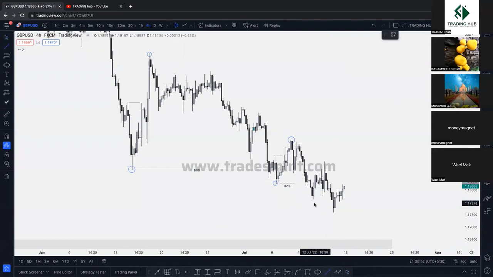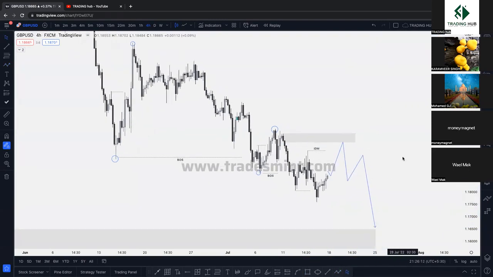In this case the market took out this low. So where is our inducement? It is here, and this is our inducement, and this order block is looking for the sell.